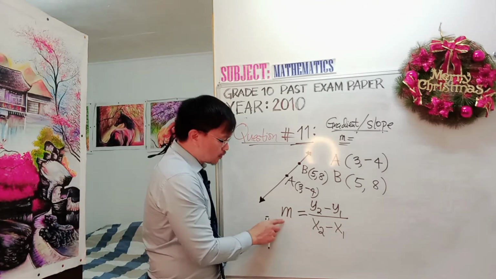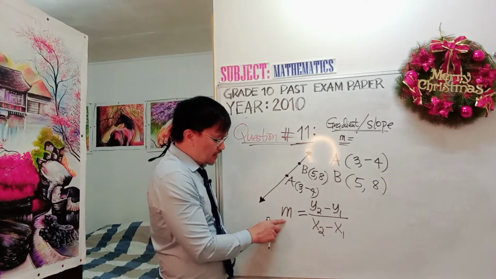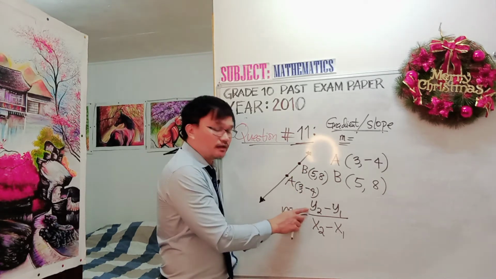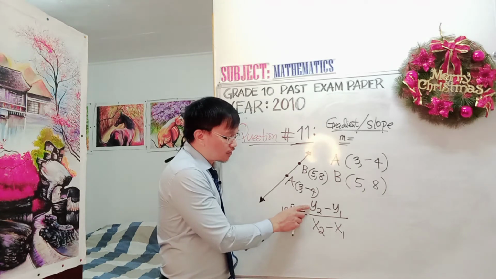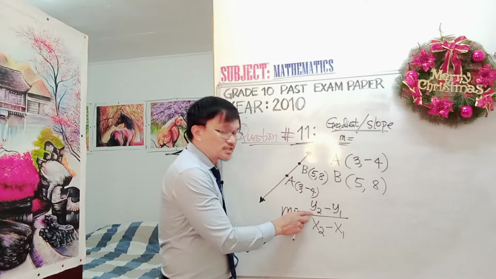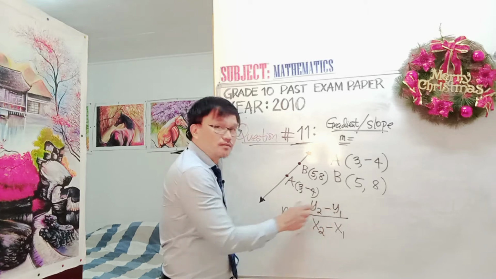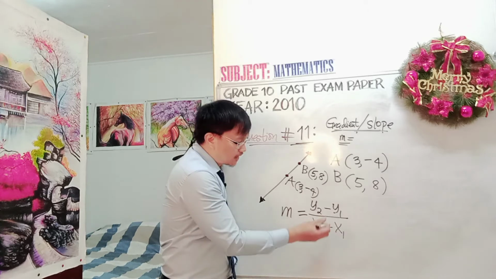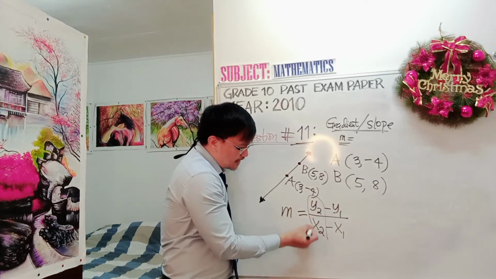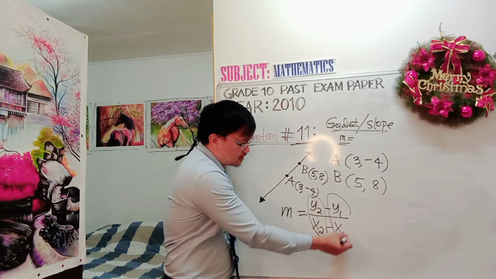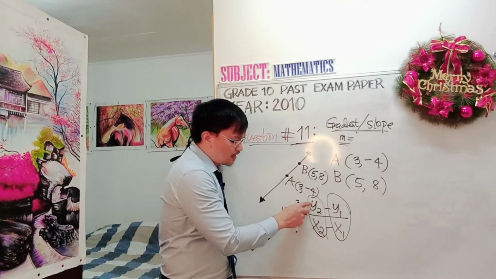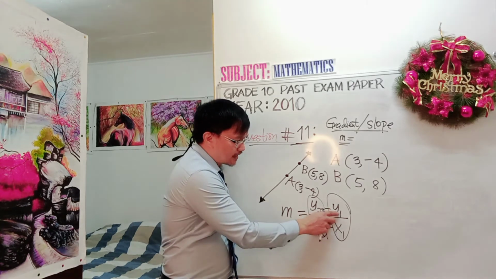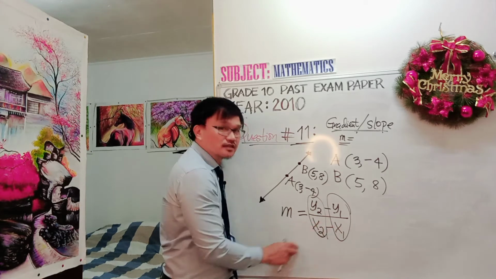Take note that the numerator is for the y coordinates, y sub 2 first minus y sub 1, and the denominator is x sub 2 first minus x sub 1. You don't interchange it or mix it up: y sub 2 on top, x sub 2 underneath, minus y sub 1 and x sub 1.